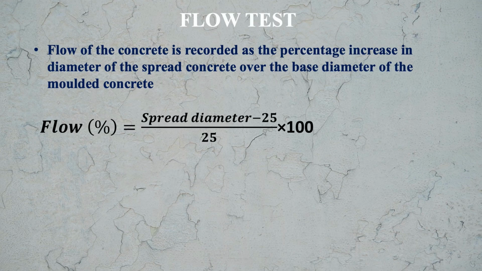Now the flow of the concrete is recorded as the percentage increase in diameter of the spread concrete over the base diameter of the molded concrete. And how is it calculated? This flow in percentage is calculated using the formula: spread diameter in centimeter minus 25, upon 25, into 100.